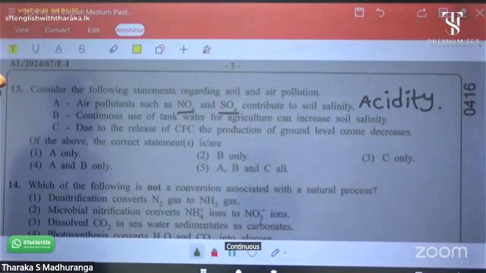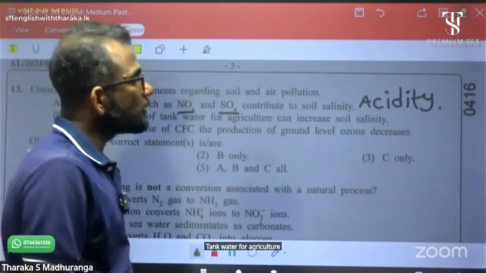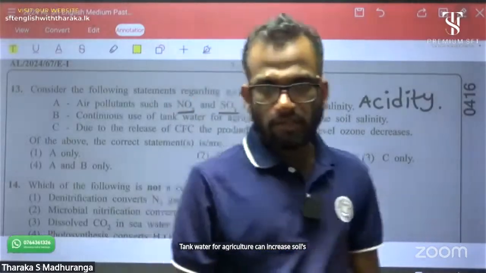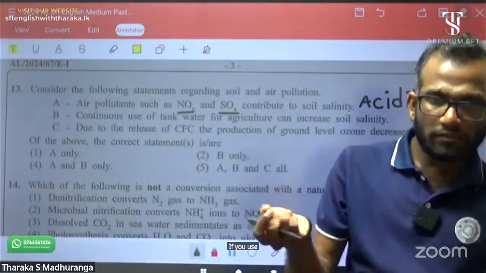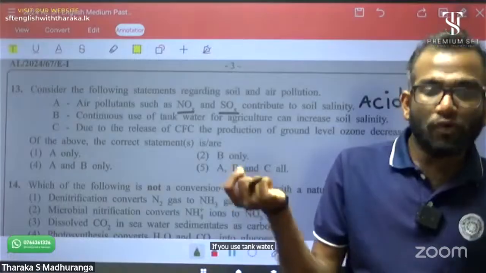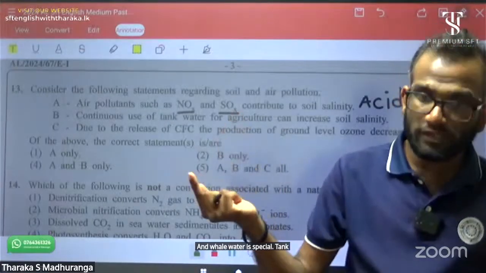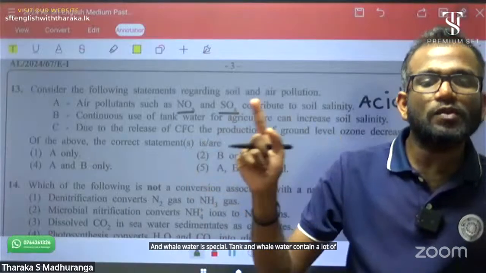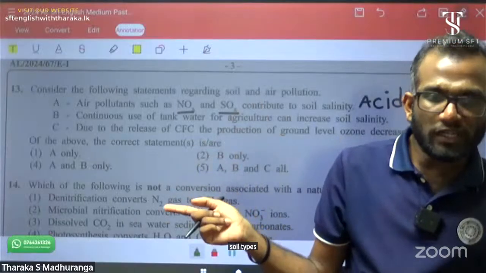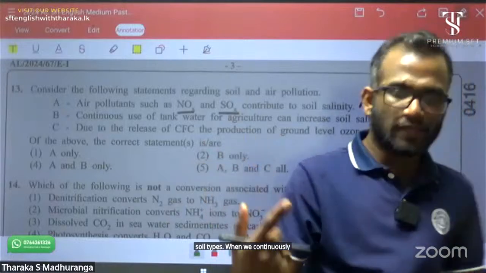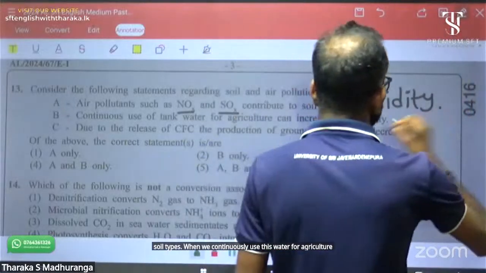Continuous use of tank water for agriculture can increase soil salinity over the years. Tank and well water especially contain a lot of salt types. When we continuously use this water for the agriculture field, the soil becomes saline soil. That's correct.